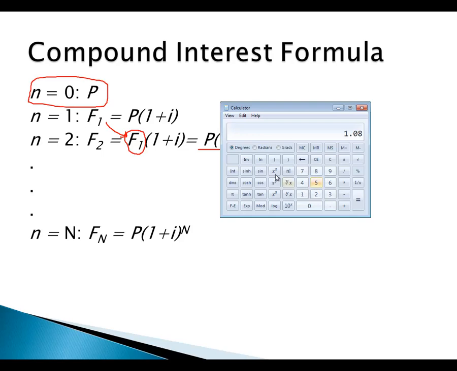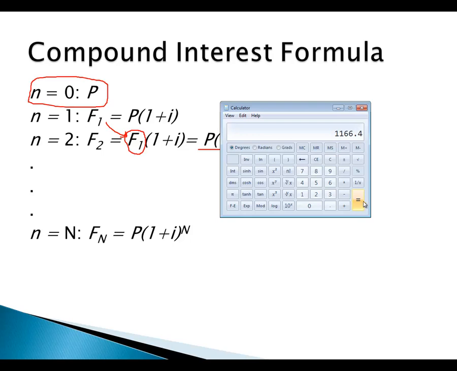Now we square it, and that will equal 1.1664. Then we multiply that by 1,000, which is P, and that's when we get the 1166 and 40 cents.